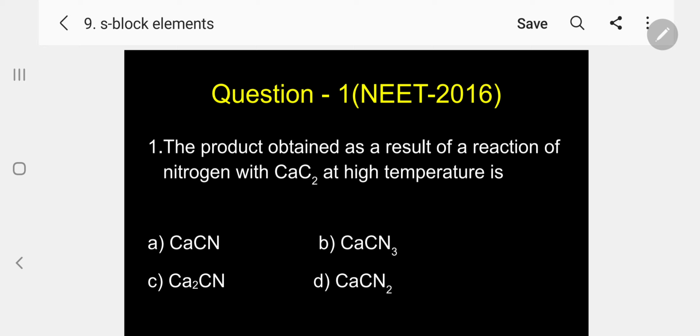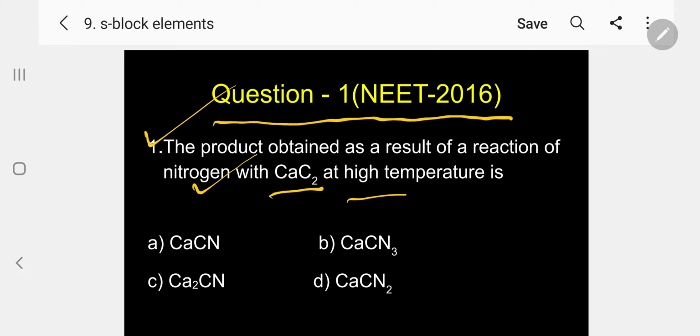The first question was asked in NEET 2016. The question is, the product obtained as a result of reaction of nitrogen with calcium carbide at high temperature is? So the question is, what is the product formed when nitrogen reacts with calcium carbide at high temperature?